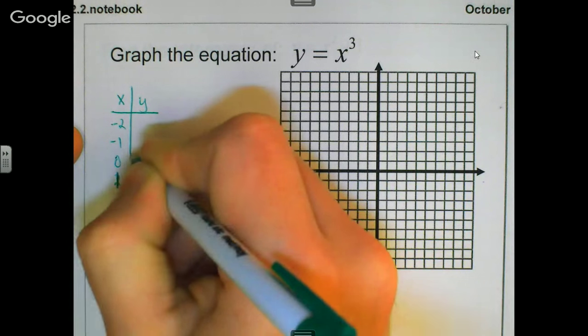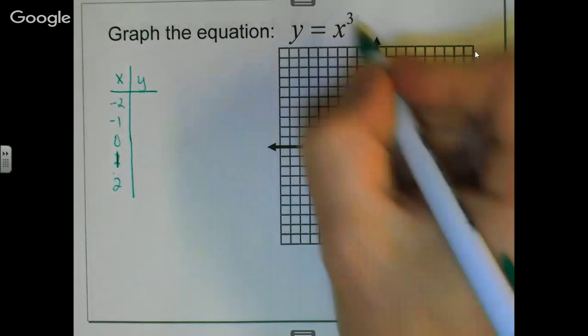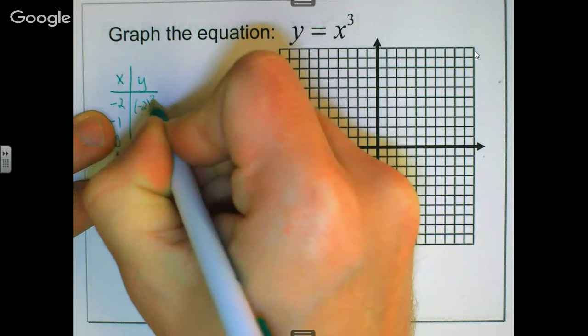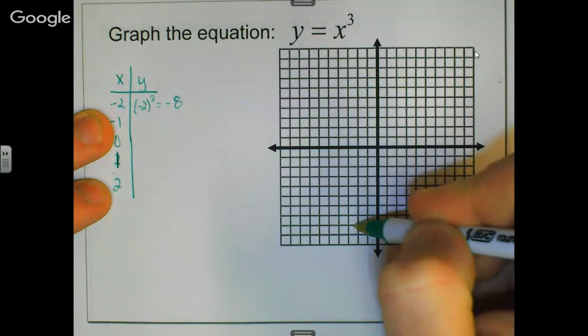Now let's choose more points. So x to the third. -2 to the third is -8.